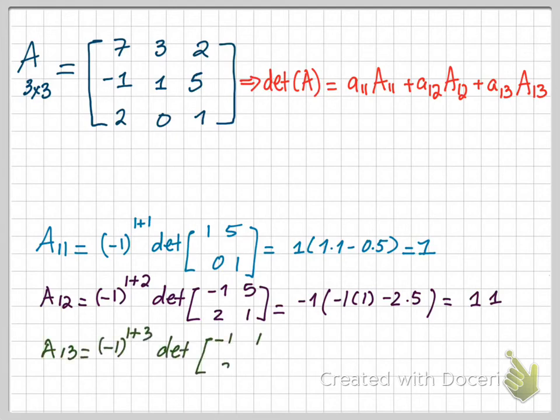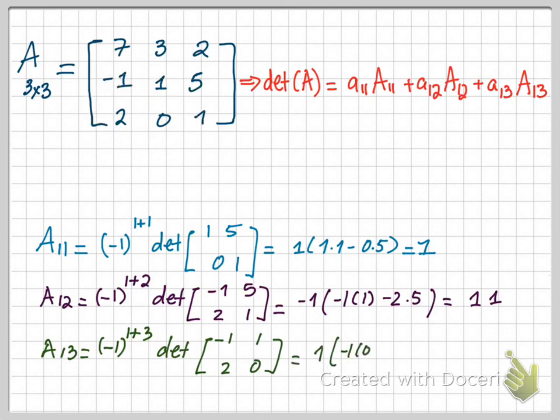Lastly, big A13 equals -1 raised to 1 plus 3 times the determinant of the minor A13. The minor A13 is formed by deleting the first row and the third column of A, which gives us this matrix -1, 1, 2, 0.